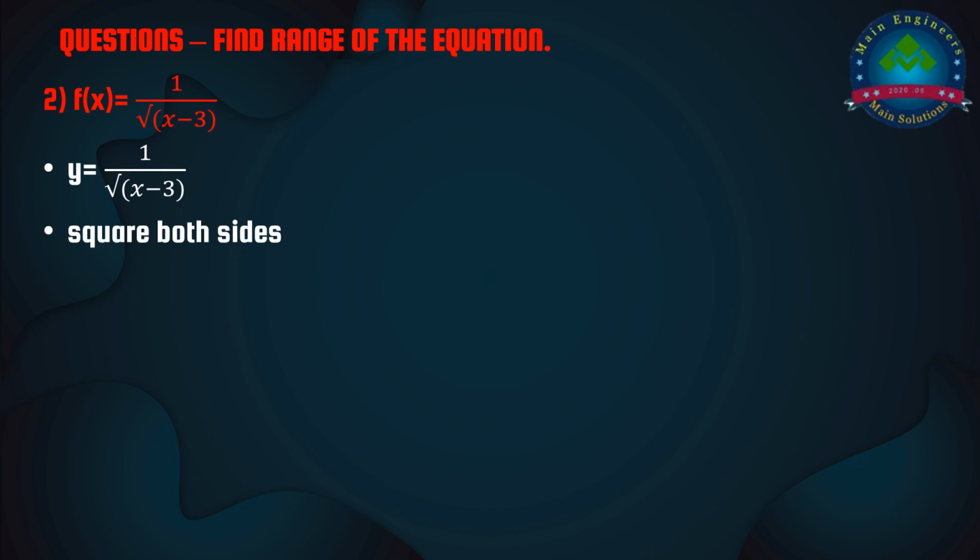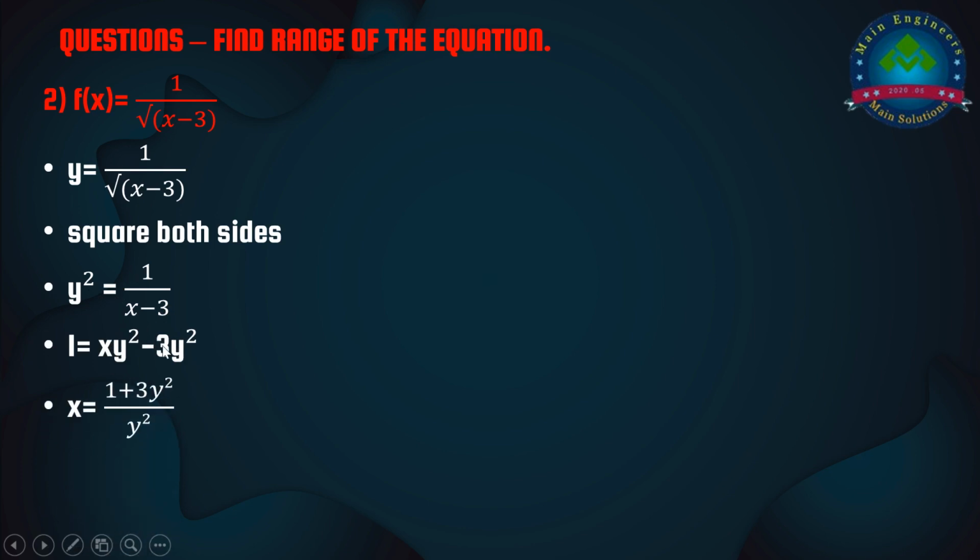Just square both sides. So y square is equal to 1 divided by (x minus 3). Just do the cross multiplication. 1 is equal to xy square minus 3y square, and x is equal to (1 plus 3y square) by y square.